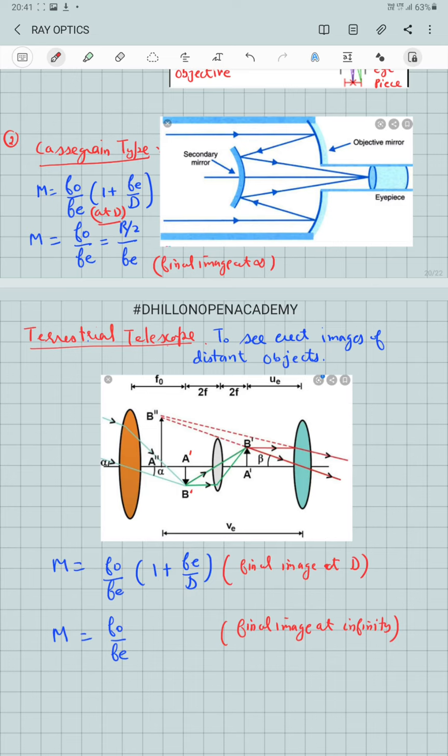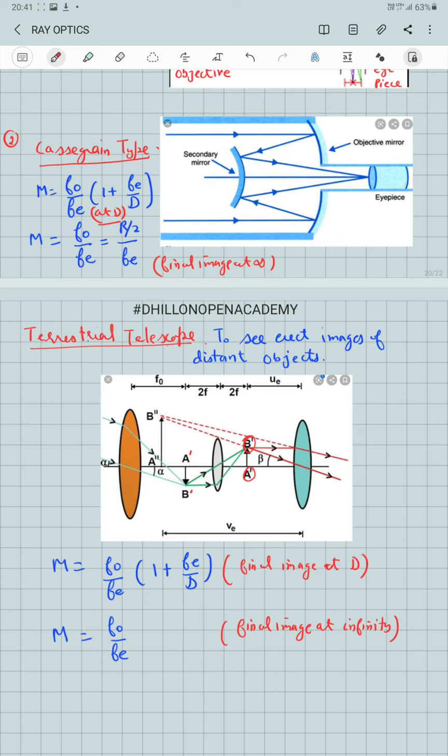So this image finally formed will act as a virtual object for the eyepiece. So if this image formed by the erecting lens is right at the principal focus of the eyepiece, then the final image can be shifted to infinity, or if this image comes in between the first principal focus and the optical center of the eyepiece, then the final image can also be found at the least distance of distinct vision.